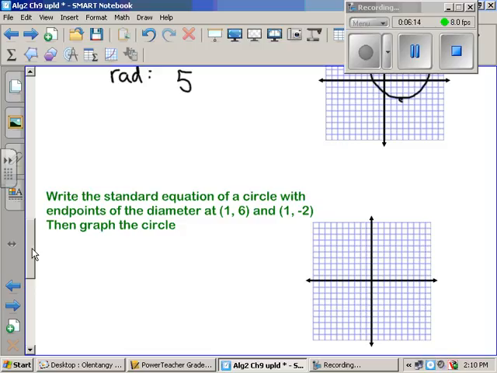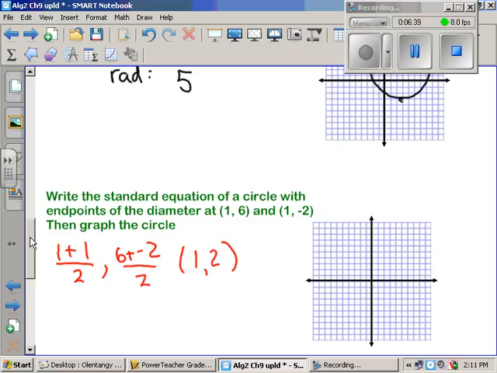Yeah, the center is the midpoint of the diameter. So I would do my midpoint formula, x1 plus x2 over 2, y1 plus y2 over 2. So that's 2 over 2, which is 1, and 4 over 2, which is 2. So my center is at 1, 2.